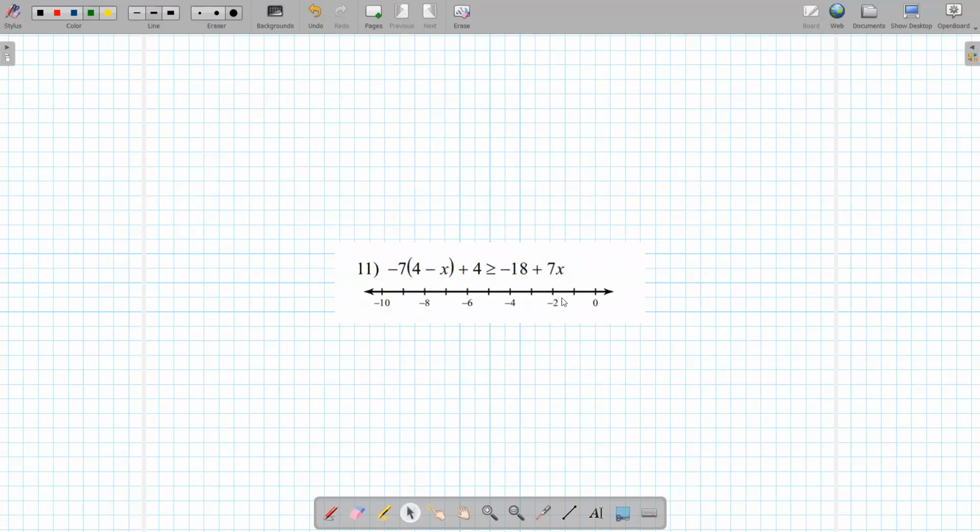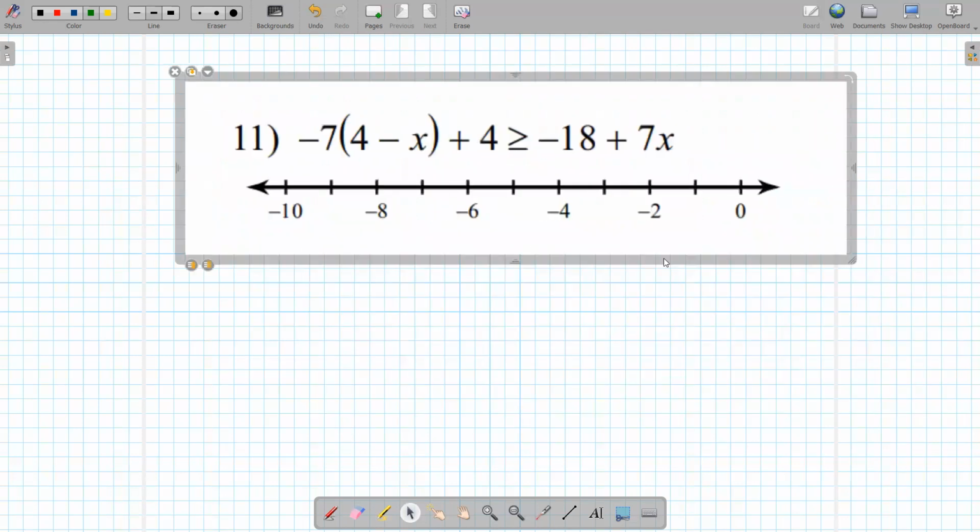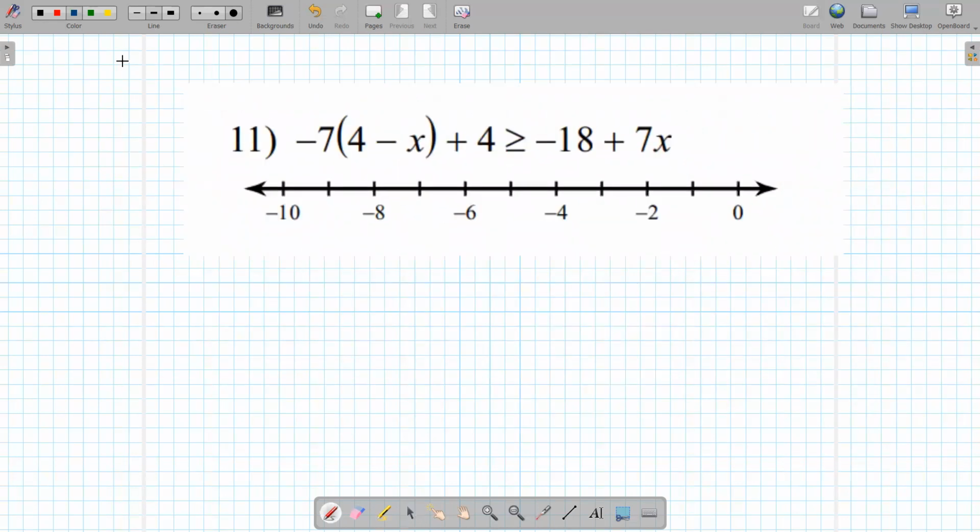Okay. How do you solve this linear inequality? We want to solve for x. Say that again. Subtract 4.